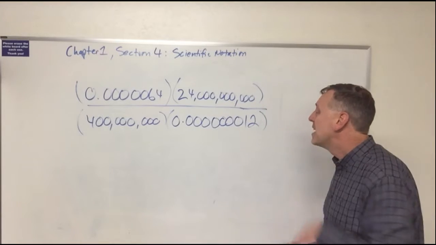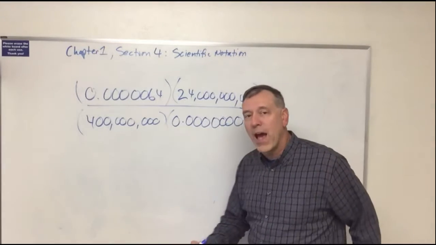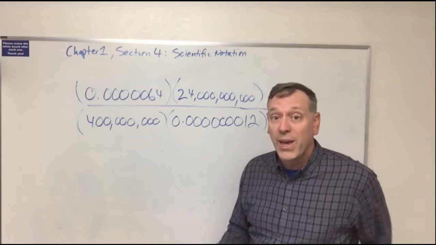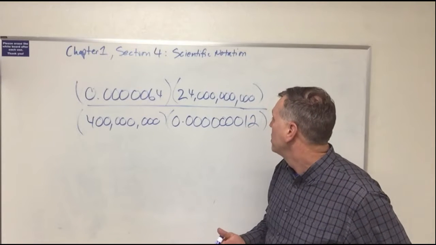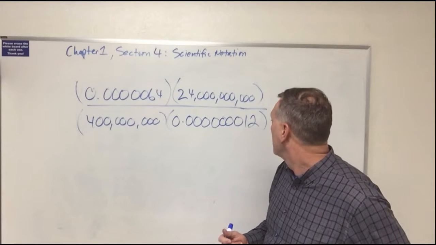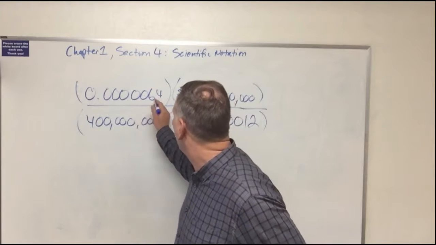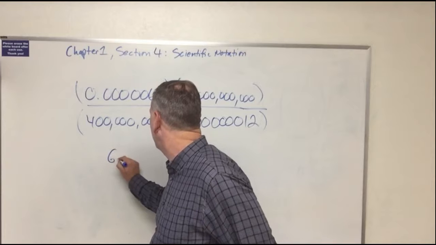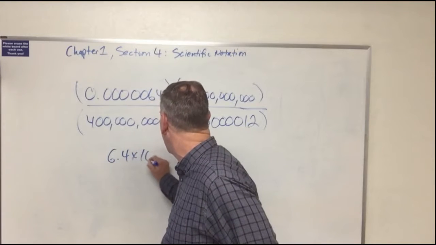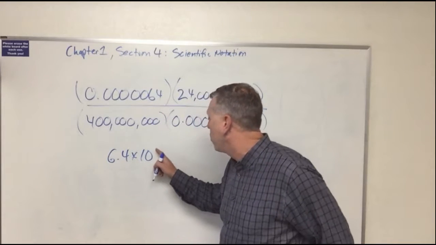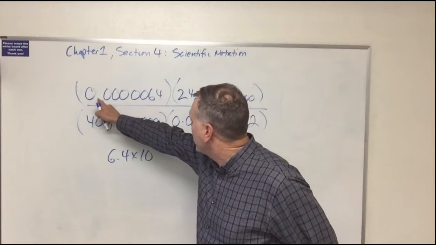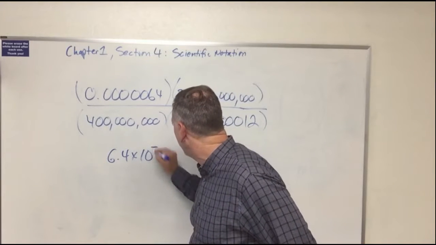So that's a mess. But if we write it in scientific notation, we can simplify the mess just a little bit. So let's see if we can't do that. So this first term we're going to write as 6.4 times 10. And now the only question is what goes here. Now notice it's less than 1, so we're going to put a negative sign there.